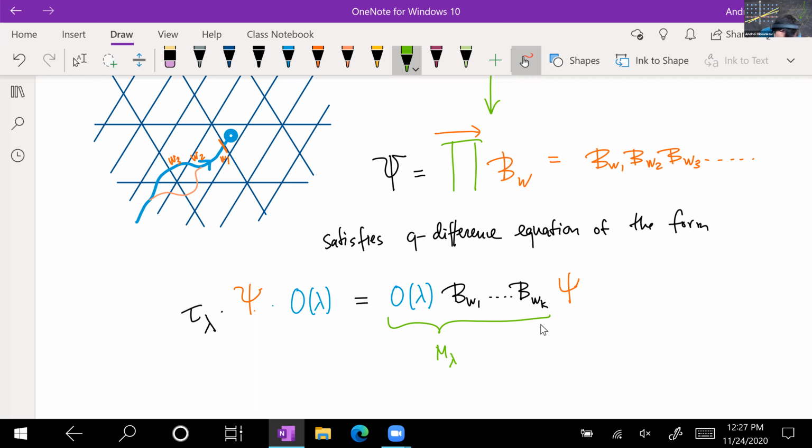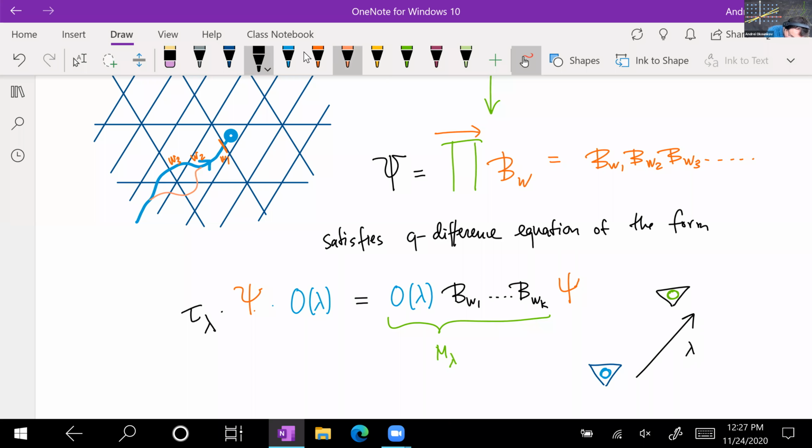And what is this product? This is the product along a path that goes from wherever I had it defined. So I had my circle somewhere here, and now I go to the same circle, but translated by lambda, call it green.